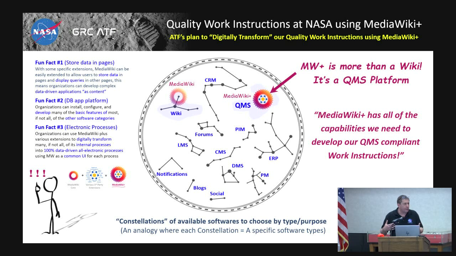And the database platform allows you to implement, with other extensions like forms and templating and ways of controlling the way pages render, complete electronic workflows. Whatever it is that your organization is doing from a process standpoint can be implemented with MediaWiki.